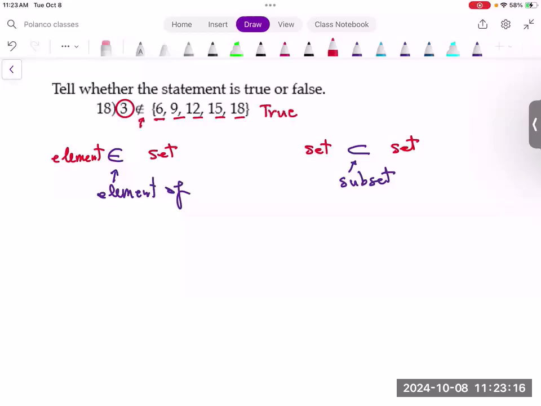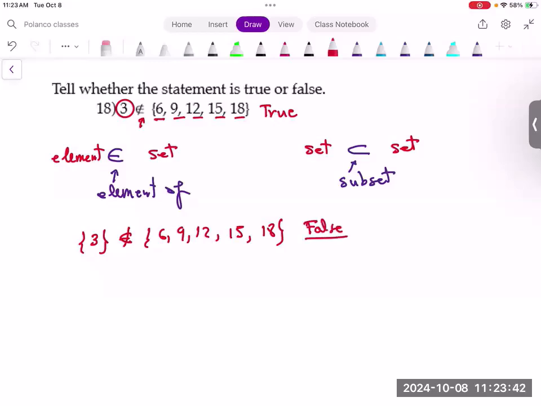This means not an element of, right? Now, what will be wrong if I put this like this? Is it a true statement or false statement? This will become a false statement.